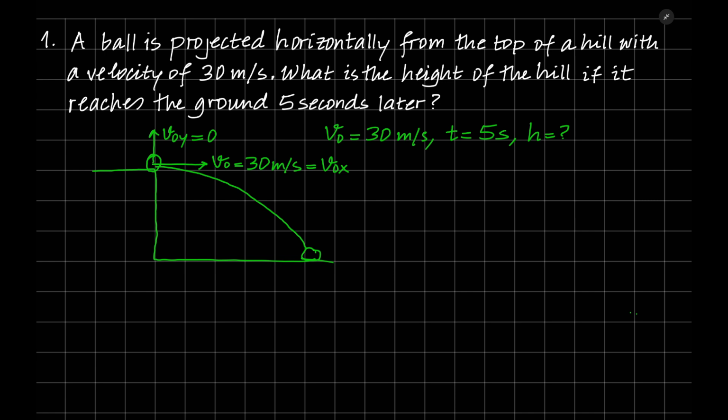Now we need to find the height of the hill. Let's say this is h. We know that h is equal to the vertical component of velocity times flight time plus 1 over 2 g times t square.